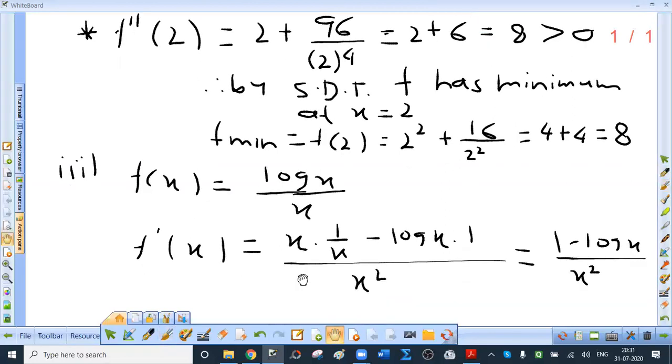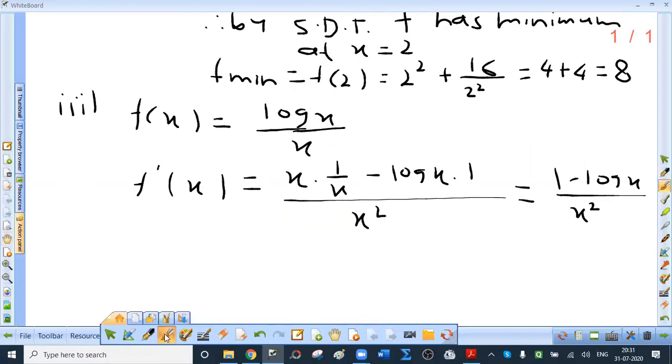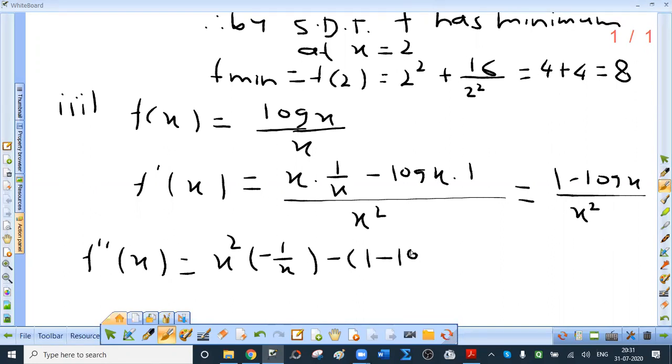Okay, now it is better we find f double dash of x also. So what is f double dash of x? It is x square into derivative of 1 minus log x, which is minus 1 upon x, minus numerator 1 minus log x into derivative of denominator x square, which is 2x, upon x square square, that is x raised to 4.